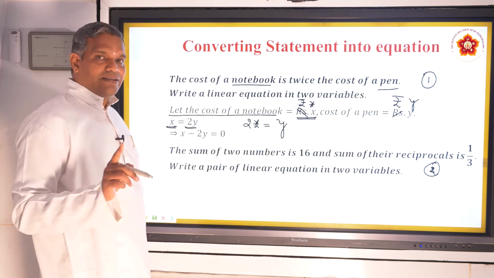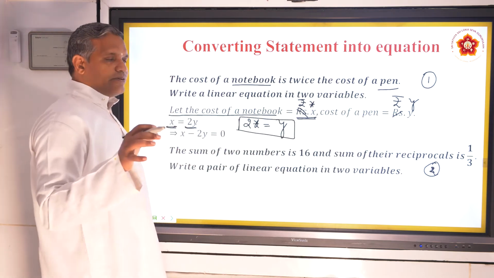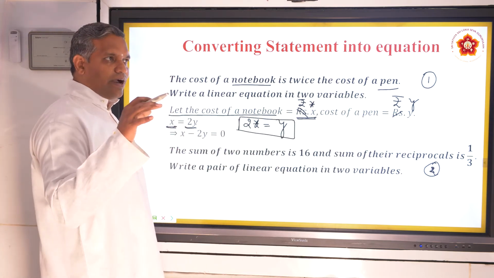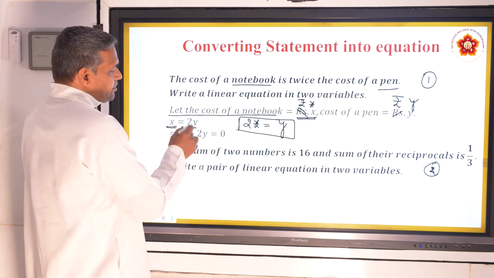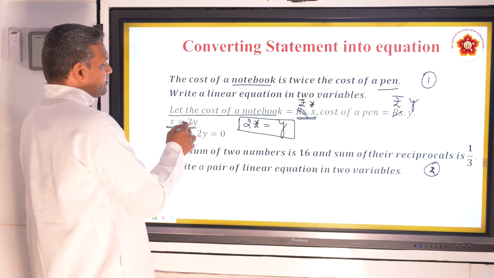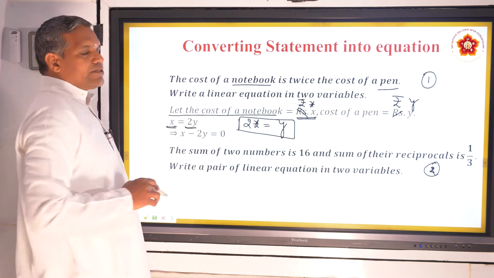But if you really think, it's a wrong representation. You should put some value yourself and understand it. See, 2 times the 5 rupees pen cost is the book cost, 10 rupees. 2 times the pen cost is the book's cost, no?